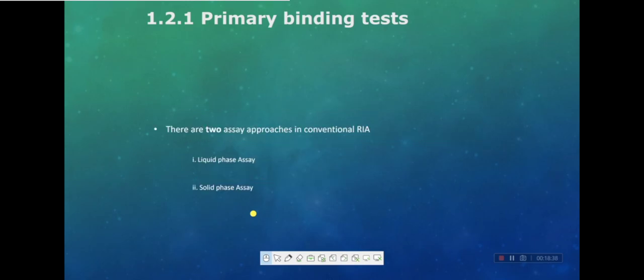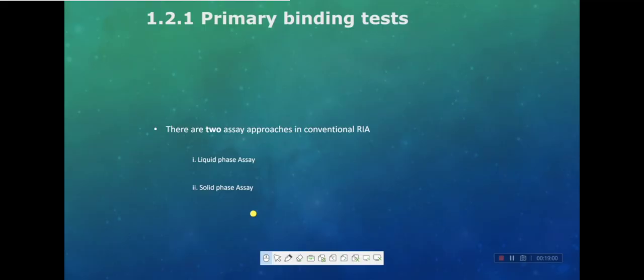So what happens in liquid phase? In the liquid phase assay, the sample, labeled antigen and the specific antibodies are added to a mixture in a solution form. After completion of incubation with the ligand of interest, a bound-free separation step is performed using different techniques.